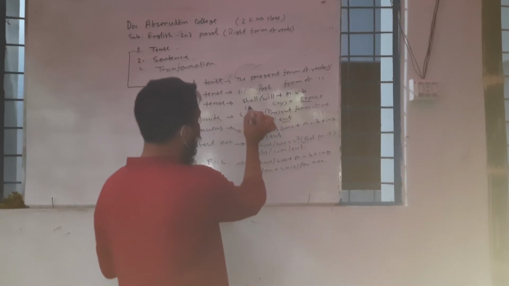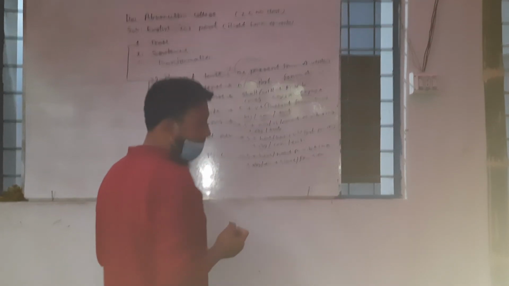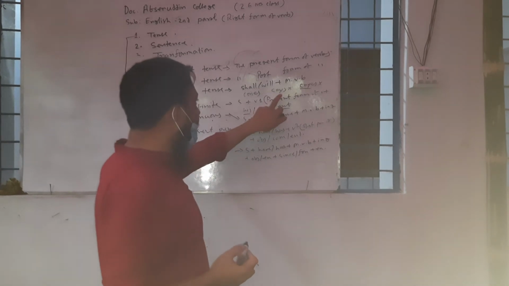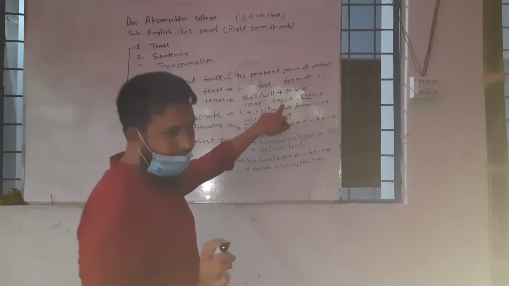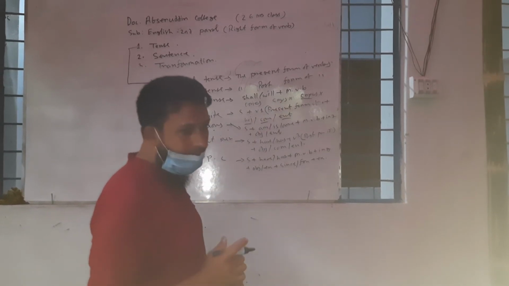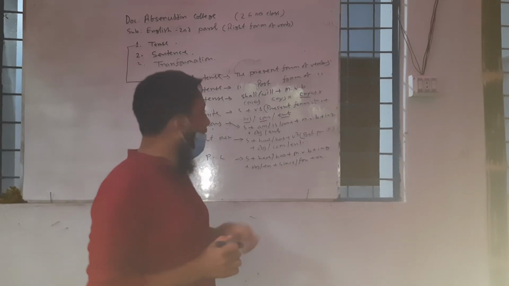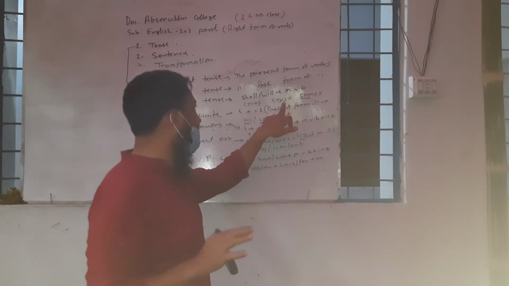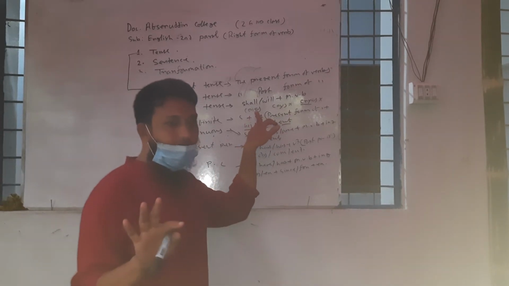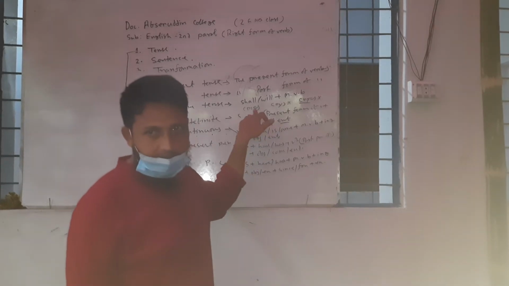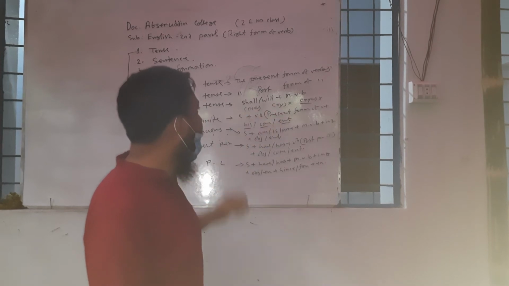The correct is C-R-I-E-S. Why? If the word ends with Y and before it comes a consonant, then the Y will be silent, and in place of Y we should write IES. This is the rule of writing IES. So Y becomes IES.